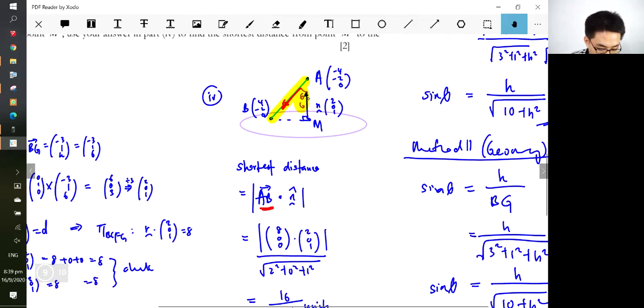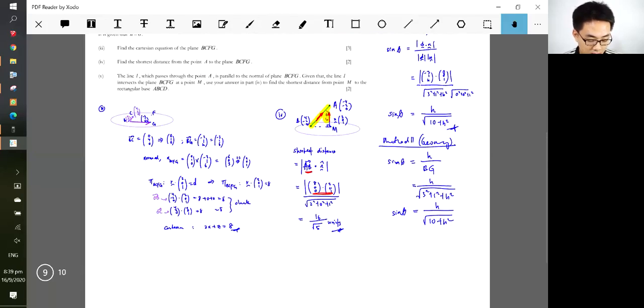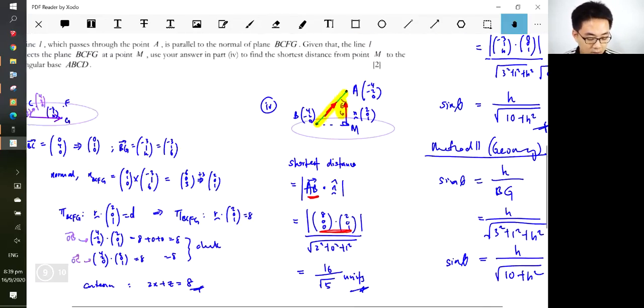Actually, you should use B to A, sorry. If you take B to A and dot with N, and I'm assuming N is pointing upwards, if this gives me a positive dot product, meaning it is acute. If negative, just look at the dot product here, it is obtuse. Okay, so this is actually quite important.